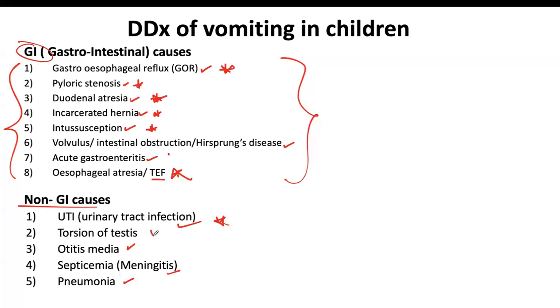UTI comes in exam, testicular torsion comes in exam. Meningitis or septicemia comes in exam. Pneumonia also comes in exam, but not as vomiting, but as shortness of breath or cough. So you can understand the importance of this cluster, right? That means a lot of important cases are going to be discussed today.